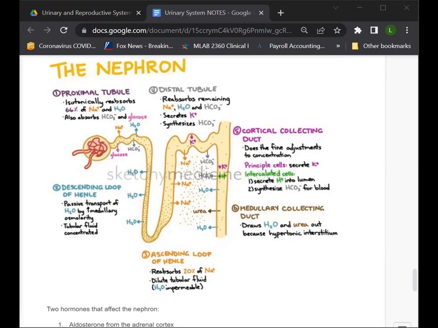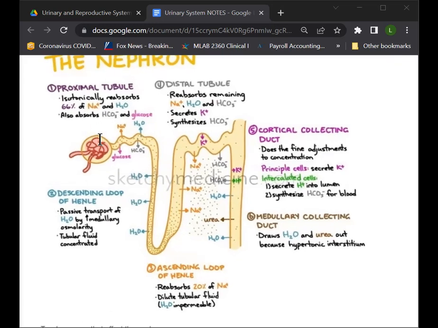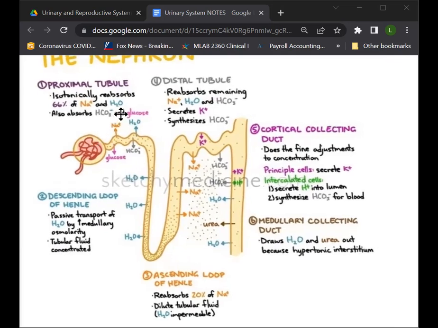We need to know that the proximal convoluted tubule is where most of the sodium is going to go back into the blood. Okay, and then you can also see that it is going to reabsorb glucose and also bicarbonate.